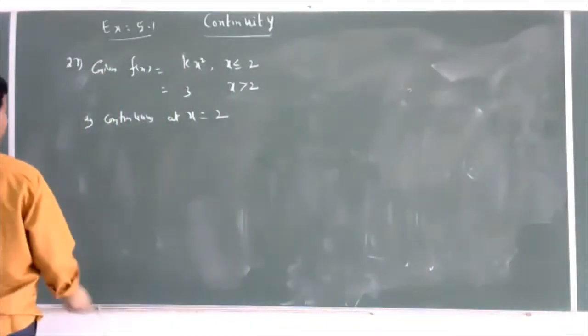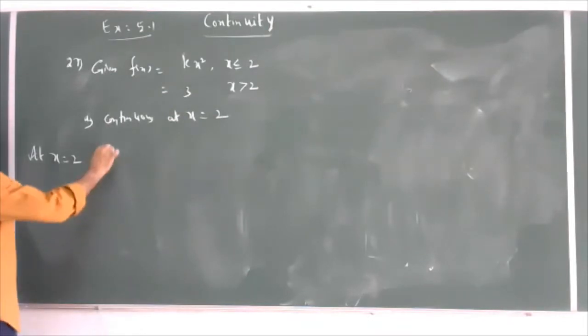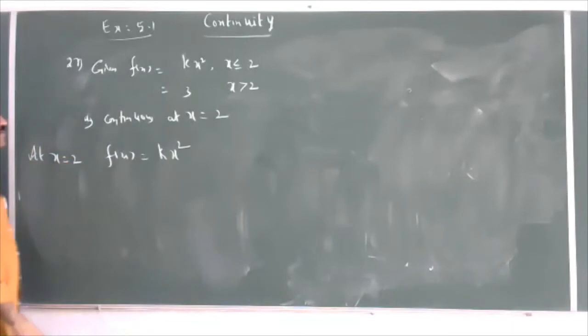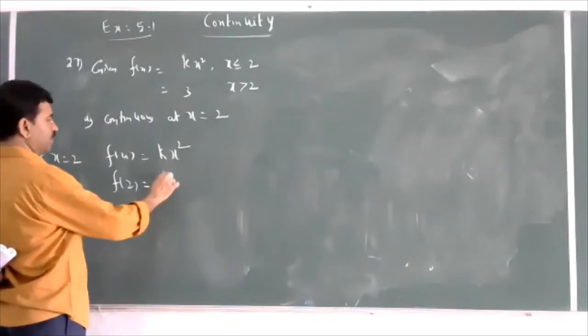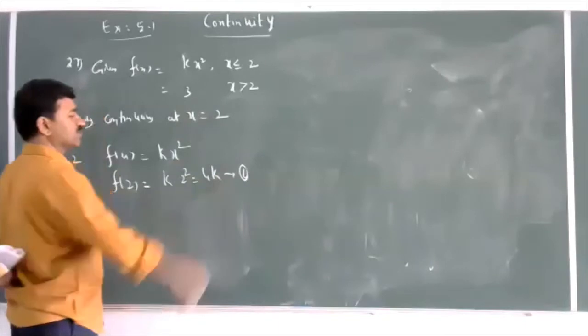See, first the function value at x is equal to 2. What is the function value? f of x is equal to kx square, so f of 2 is k into 2 square, that is 4k. Let it be equation 1.